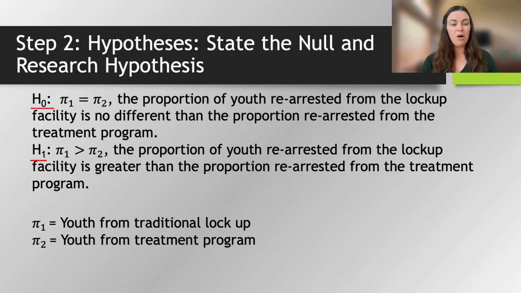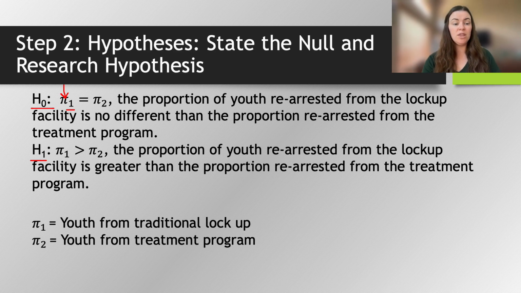But let's talk about our symbols and our statistical notation here. First, we have the pi symbol because we are dealing with proportions. So that would remain consistent if we are doing either a 1-sample proportion test or a 2-sample proportion test, so that's fine. But the change here has to deal with our subscript. So now our subscript is designating each respective group.